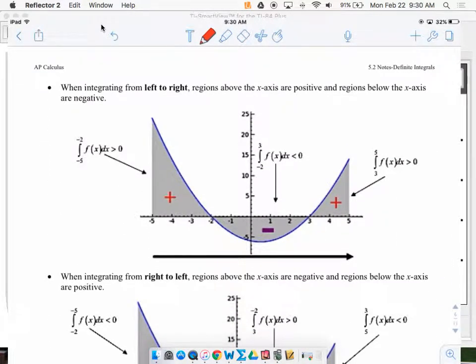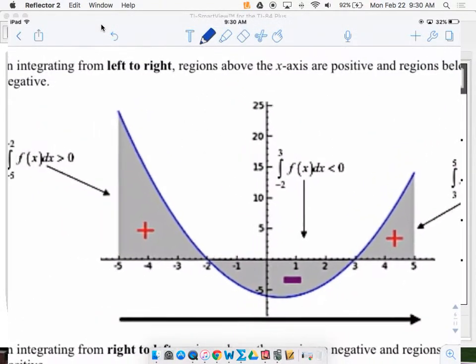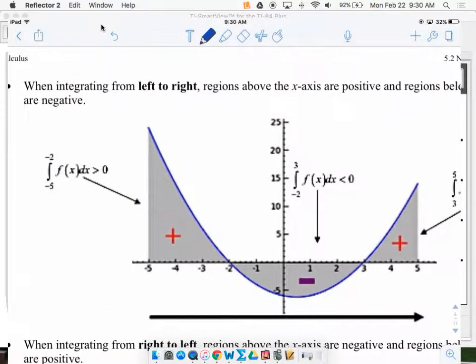All right, so if you look on the next page, when integrating from left to right, regions above the x-axis are positive, regions below are negative. So if I do the integral going from -5 to -2, all of that is above the x-axis, so this part here is going to be positive.